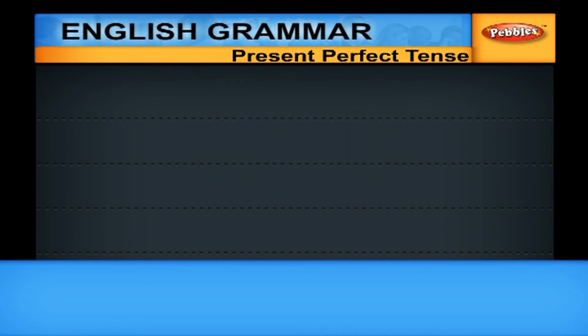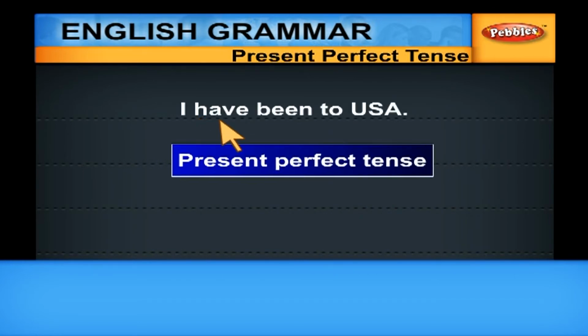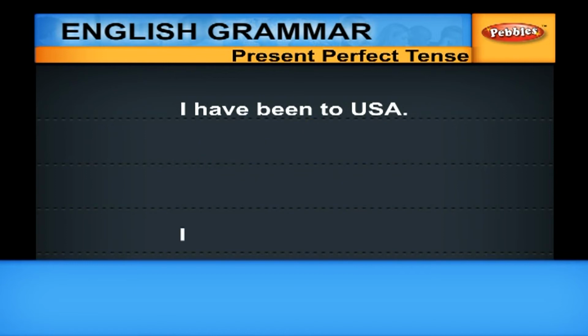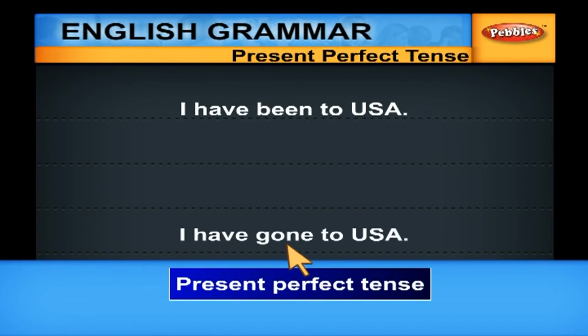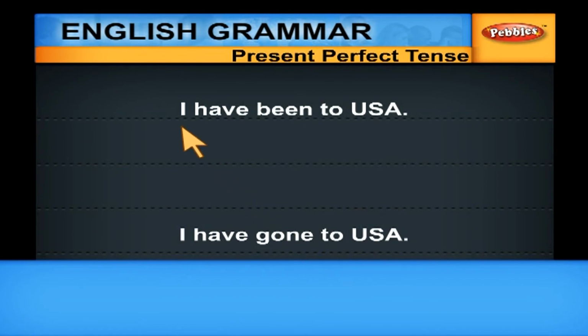What is the difference between these two constructions? I have been to USA. It is present perfect tense. I have gone to USA. It is in present perfect tense. In the first one, when I say I have been to USA means that I went to USA at some point of time in the past.